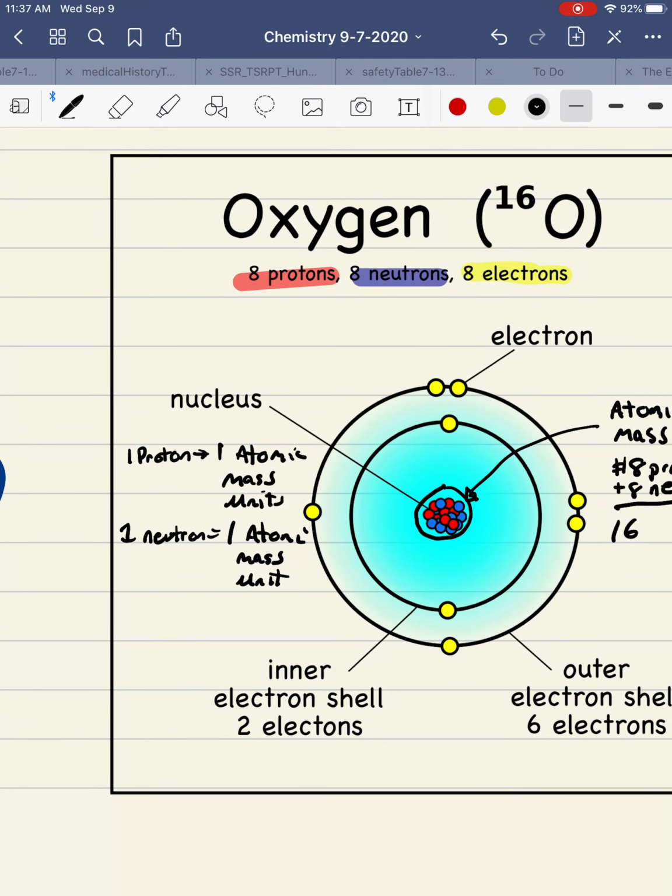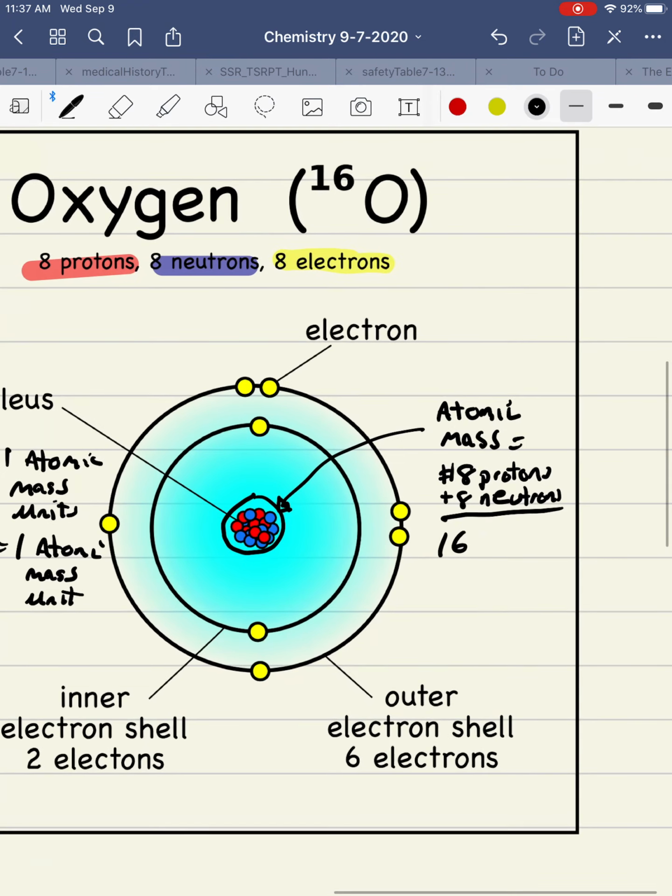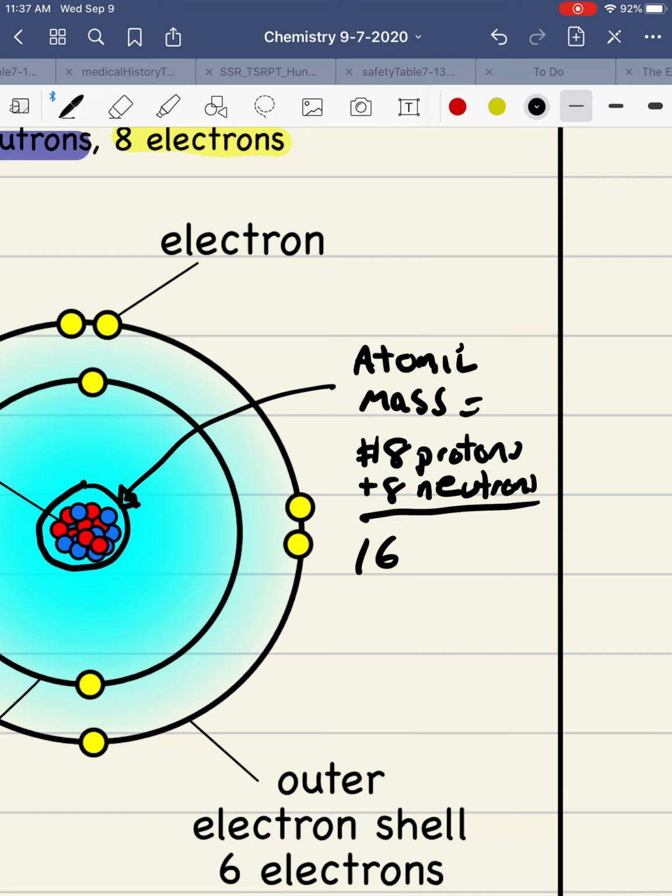So again, if you have 16 protons plus neutrons, then you have 16 atomic mass units. You can also call them AMUs.